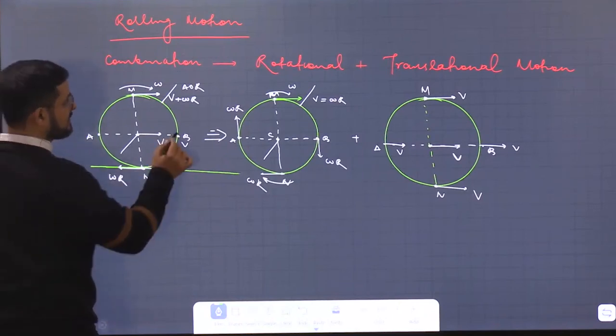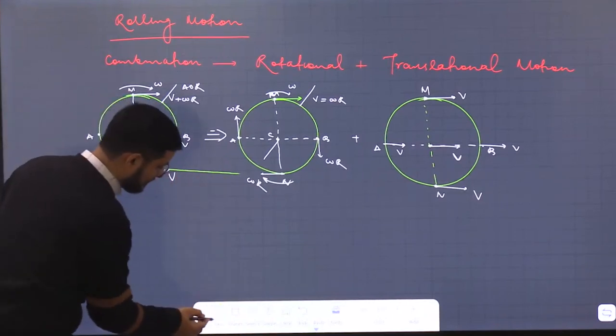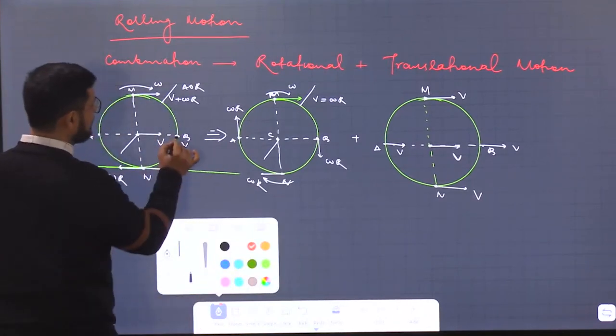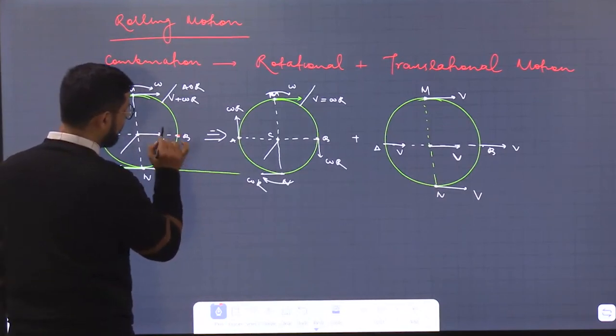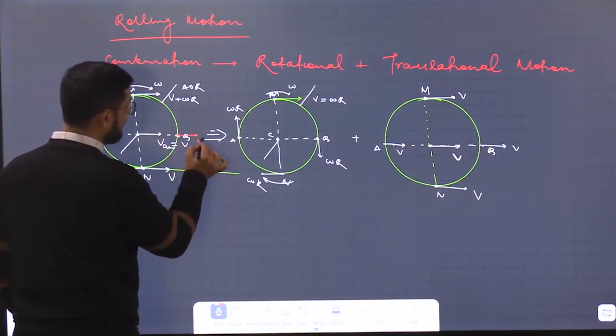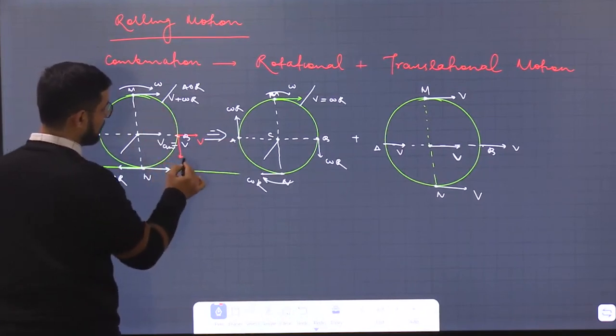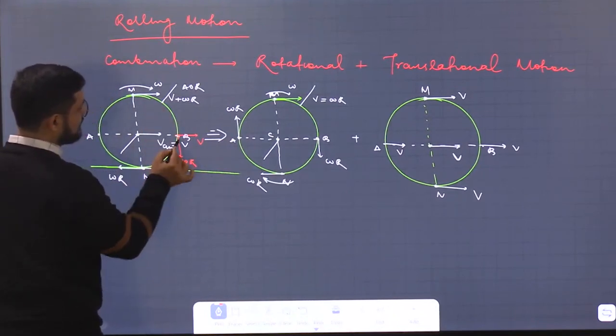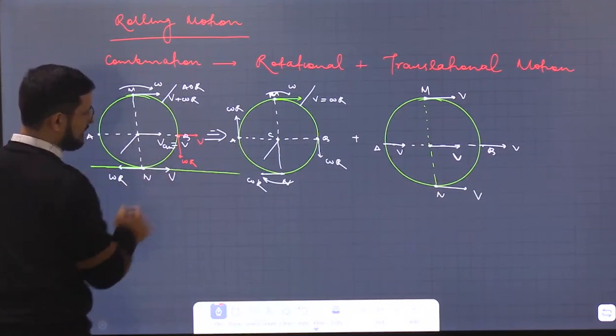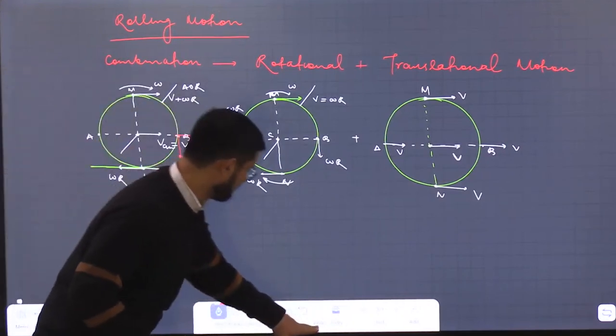Similarly, let me change the color first for better clarity. For this point B, one component is towards right due to the translational motion, another is in downward direction due to rotational motion, omega r. So this point B has this velocity. Let me draw a neat picture.